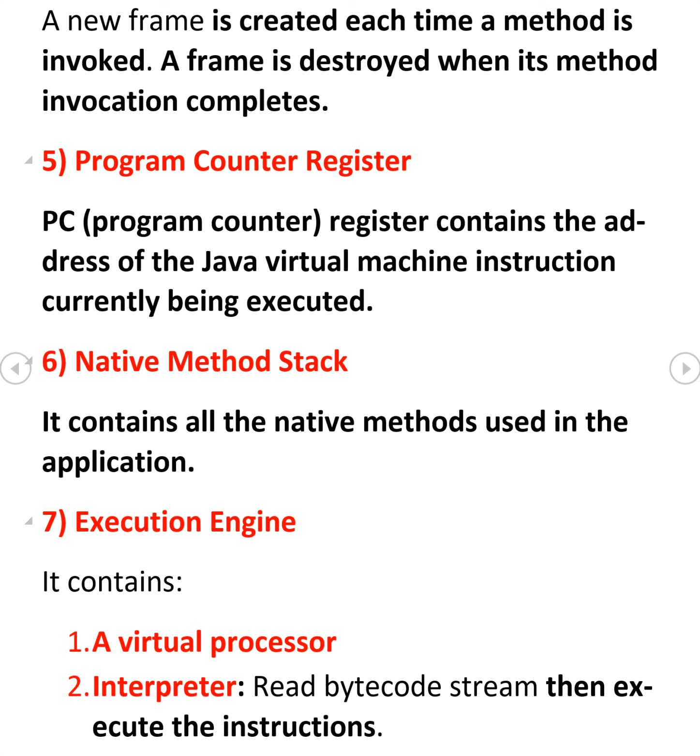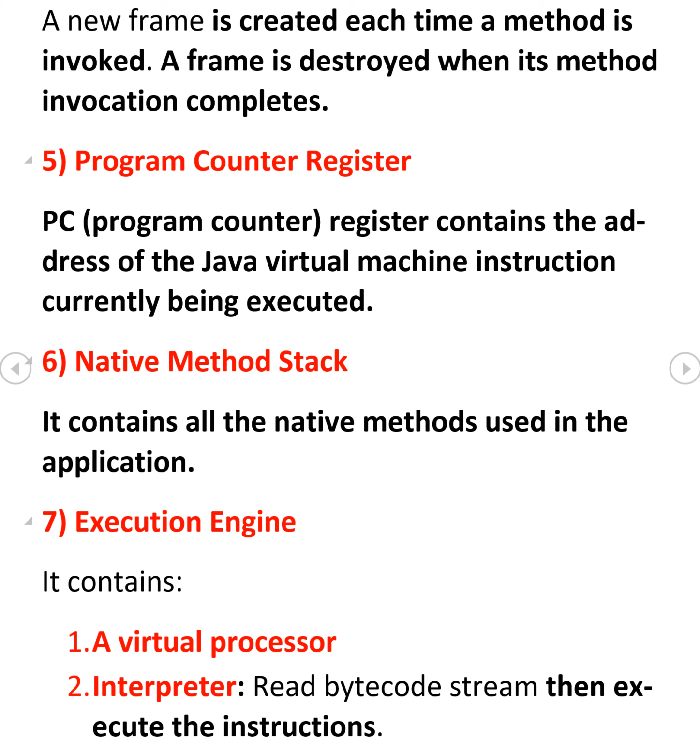Next, the program counter register contains the address of the virtual machine instruction currently being executed. That address will go to the PC register only. Next is the native method stack. It contains all the native methods used in the application.